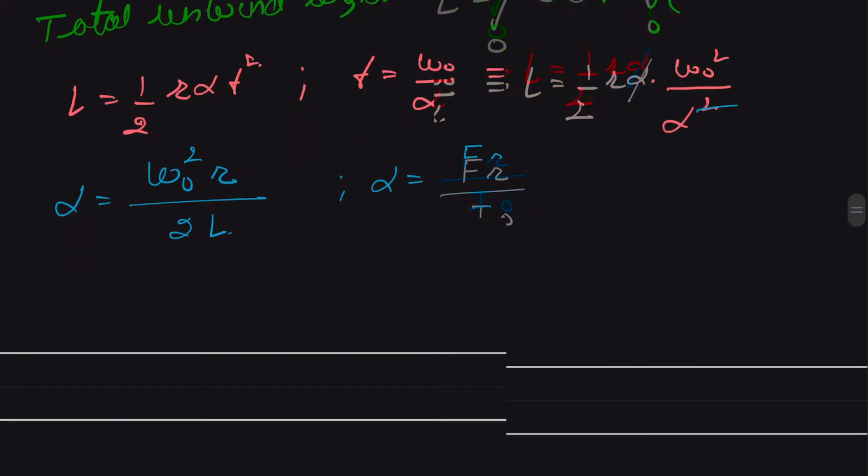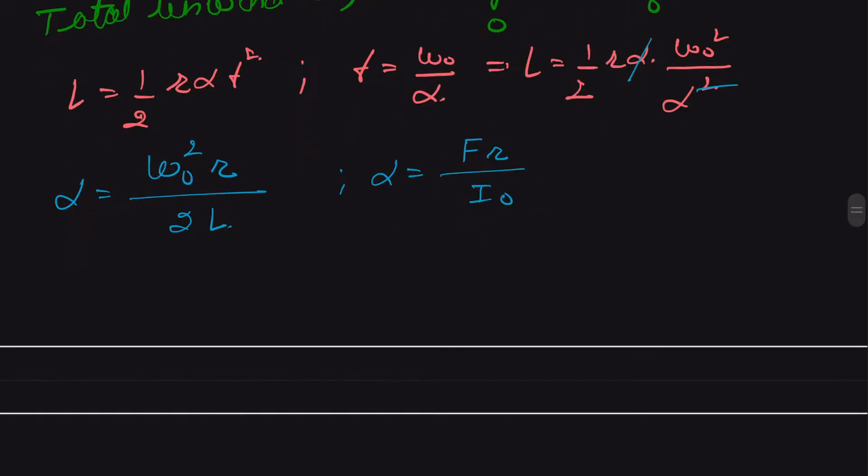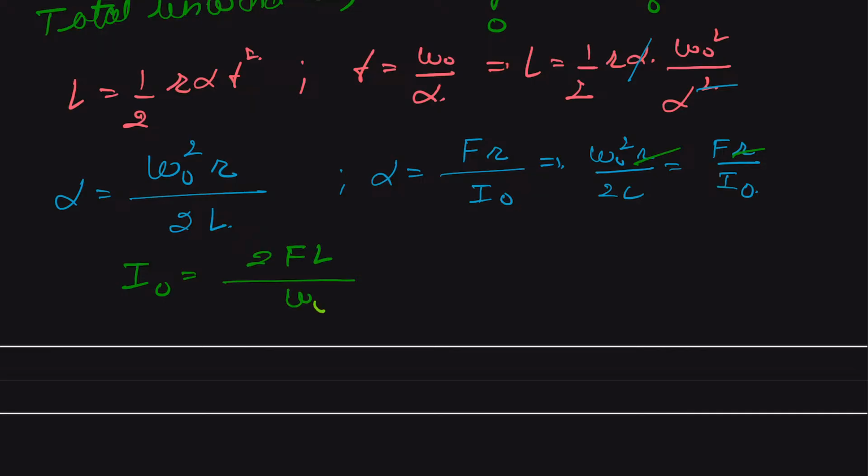We can just equate them, so we get omega naught square r divided by 2L is equal to Fr upon I naught. Here r and r cancel out, and we get the same expression: I naught is equal to 2FL divided by omega naught square.